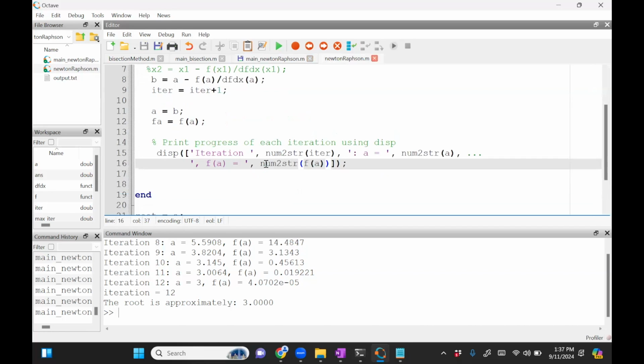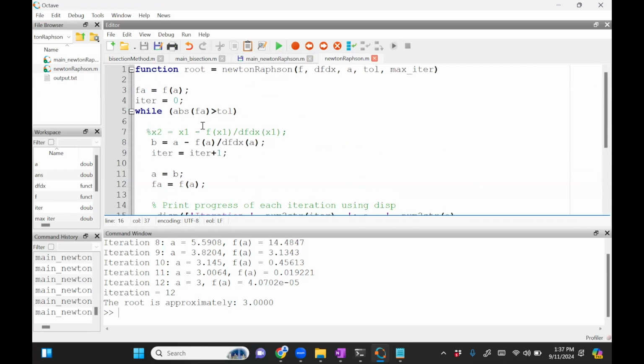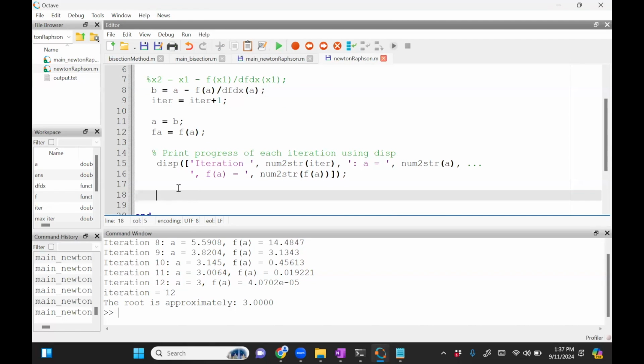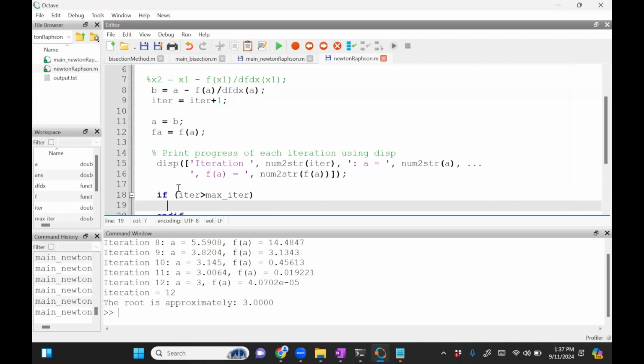So I have this code. What I'm going to do is check for this condition, max iter. So I go here, and what I can do is something as simple as this: if iter is greater than max iter, okay, so max iter is 10. So if iter is 11, which is greater than 10, all I want is for the code to come out of the while loop, and the way you do that is to put break.